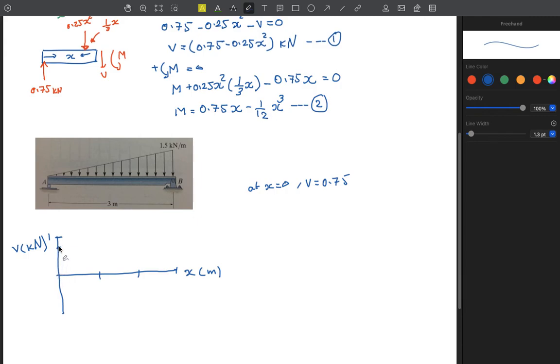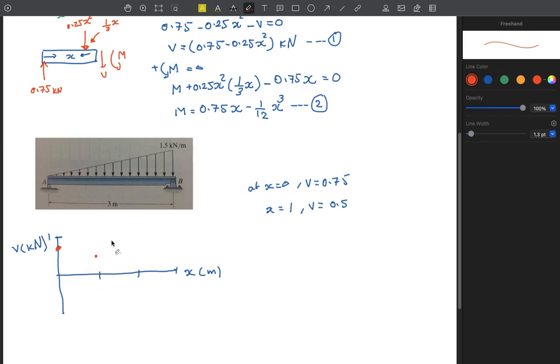So this point, I'll just draw it in red. This point. Now at x equals 1, you get v 0.5. So at 1 you get 0.5.